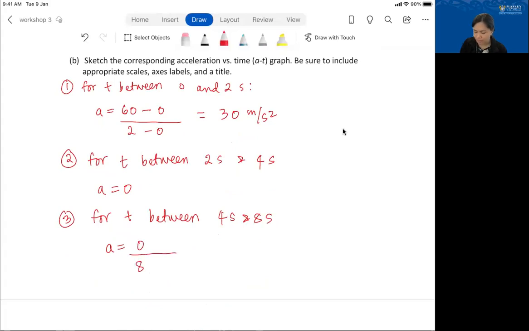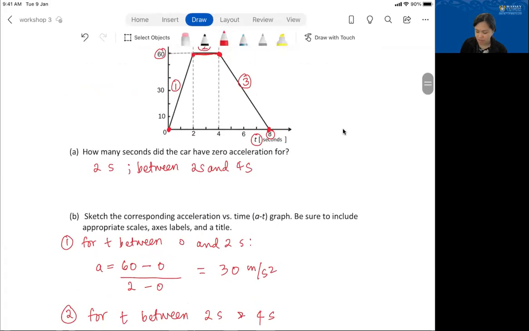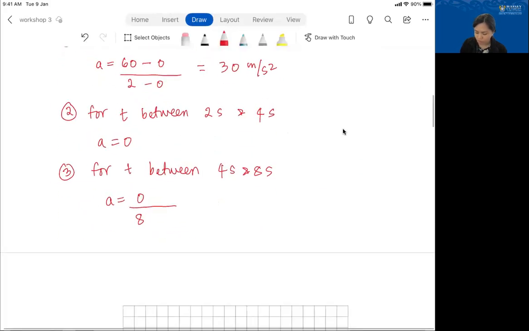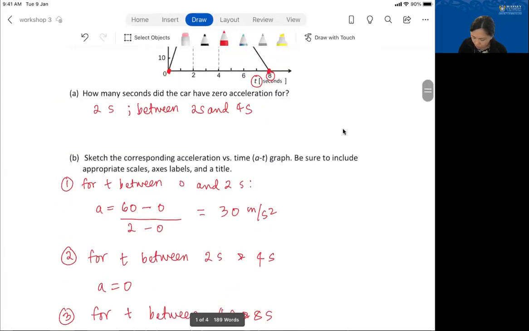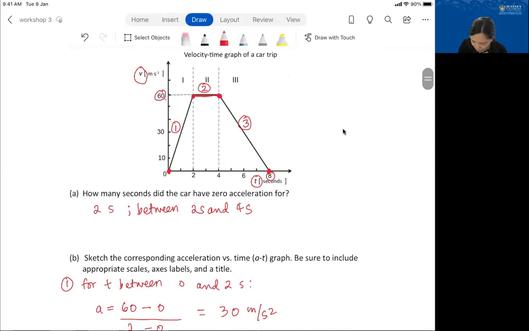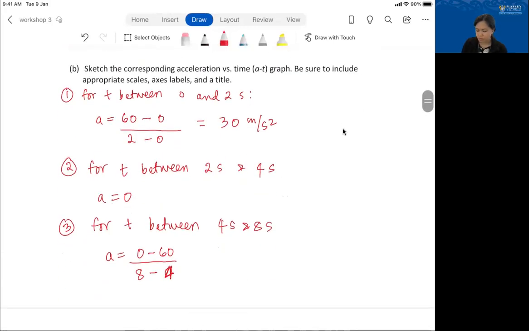And my initial velocity is 60 at the initial time of 4, since it's just this portion of the graph here, between 4 and 8 seconds.